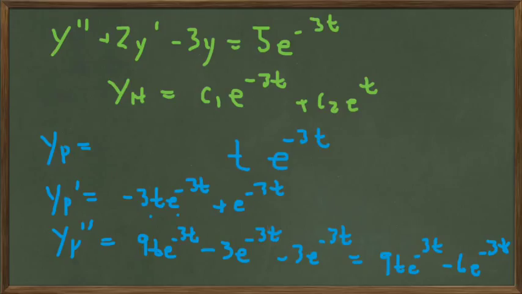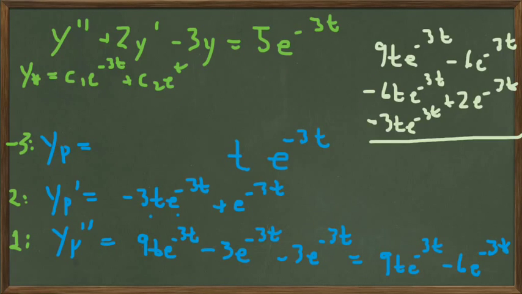So we want to combine this information together to have it solve the differential equation. So we're going to multiply yp times minus 3, yp prime times 2, and y double prime isn't multiplied by anything. And so if we combine those together, we get what?